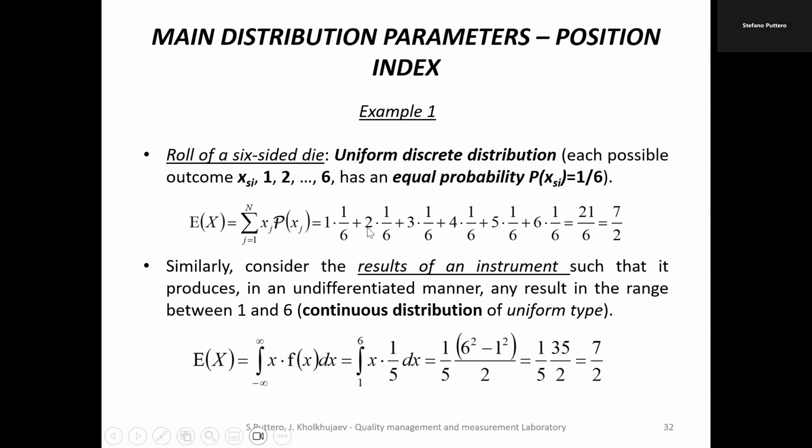Then we sum the second side, multiplied by its probability 1/6. And we go on until the last side, 6, multiplied by its probability, again 1/6. This is why we are considering a uniform discrete distribution, because all the sides have the same probability, 1/6. If we sum up all these terms, we obtain 21/6, that is equal to 7/2.